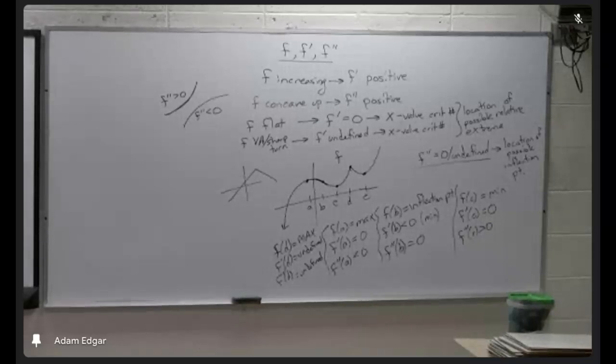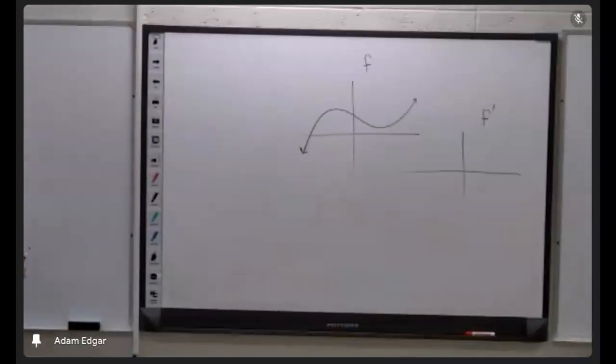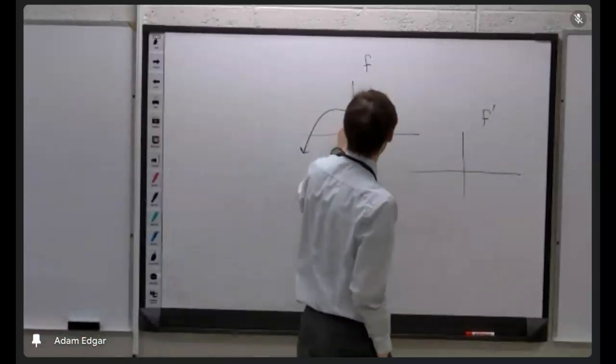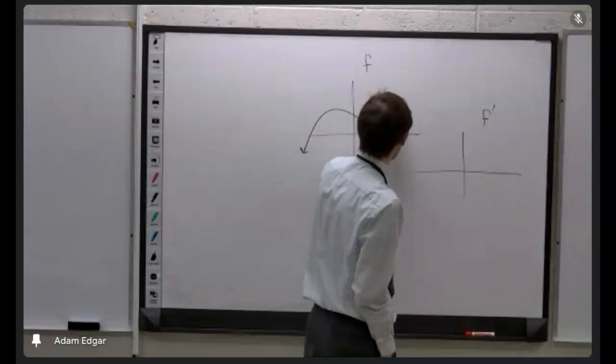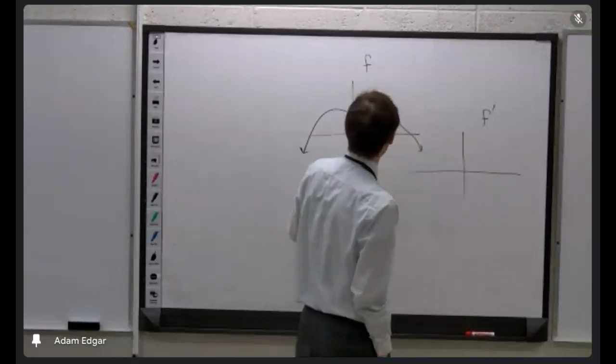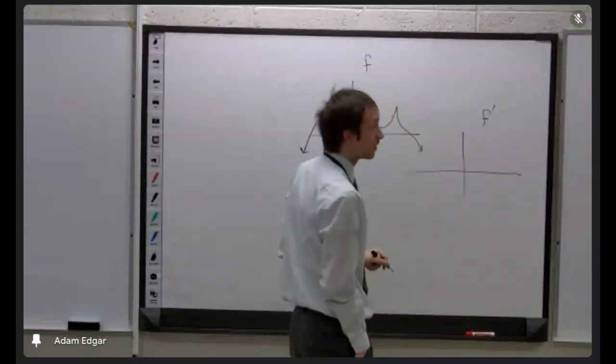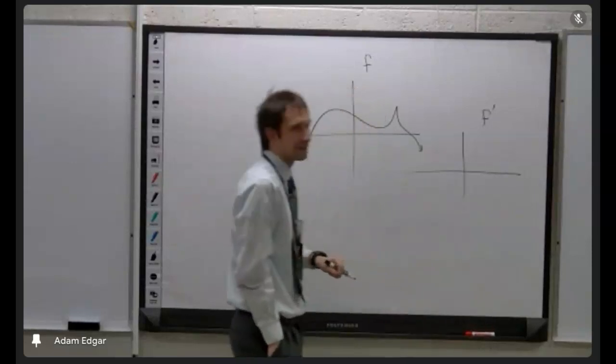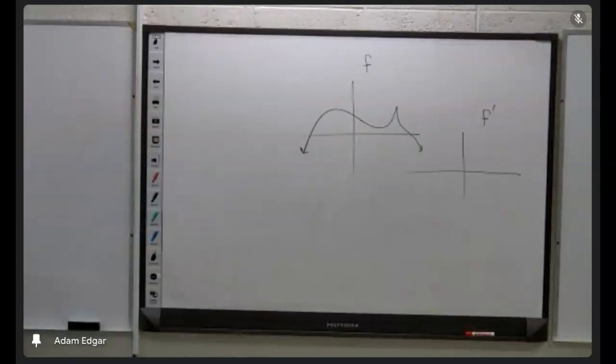Oh, I see that. You didn't put that. No, I said I could do that when you didn't have the prime. And you go, oh, he wrote F and then wrote F again. And I was like, oh, I can rewrite F. Oh. But this is what you had in mind.